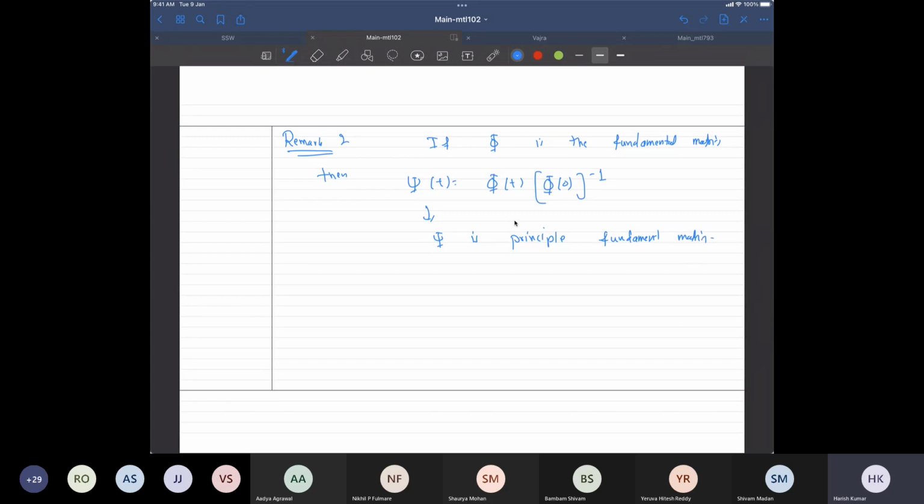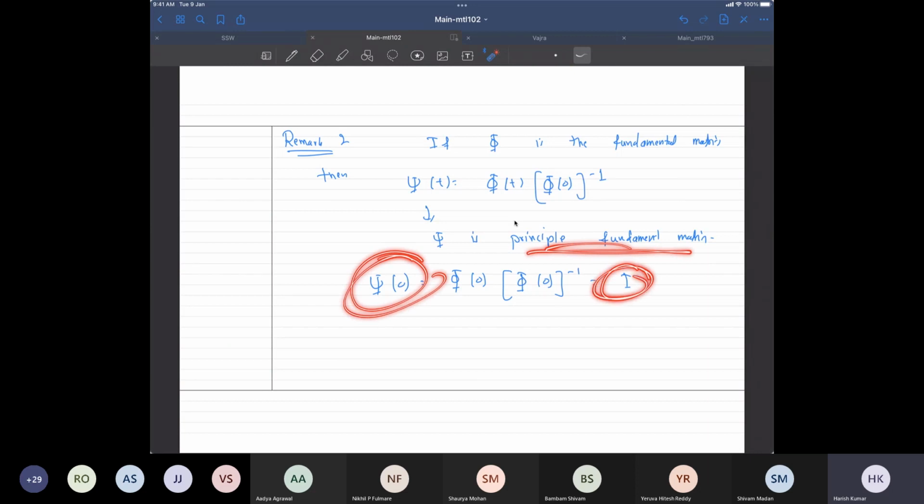Because you know that at 0, this will be phi 0 multiplied with phi 0 inverse. So this is identity, and this is how you identify the principal fundamental matrix, that at 0 it becomes the identity matrix.